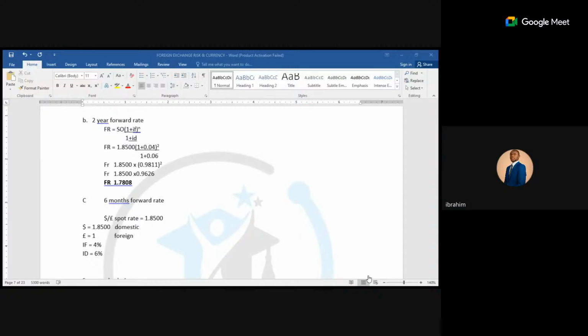If the inflation rate is usually a year, and you're told to determine the forward rate for 6 months, what you need to do is times 6 divided by 12. What will be the domestic inflation rate for that 6 months? Because it is just for 6 months.